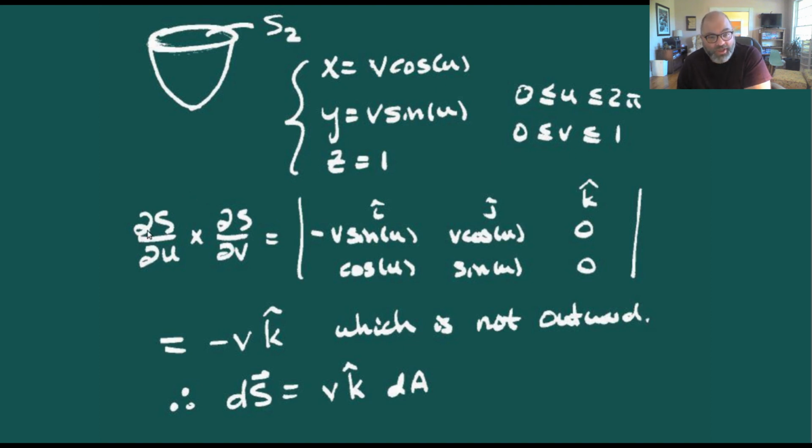If we look at partial s, partial u, cross partial s, partial v for this one, now we get a result of negative v in the z direction. Well, this is not the outward pointing one that we want. So since we want our orientation to be outward pointing, we just change the sign of that one and make it v in the z direction dA.